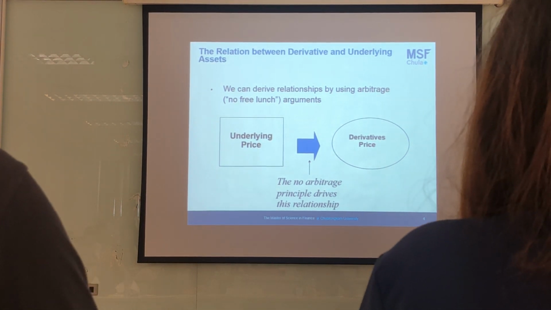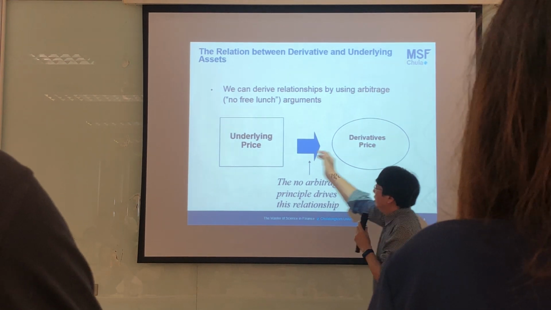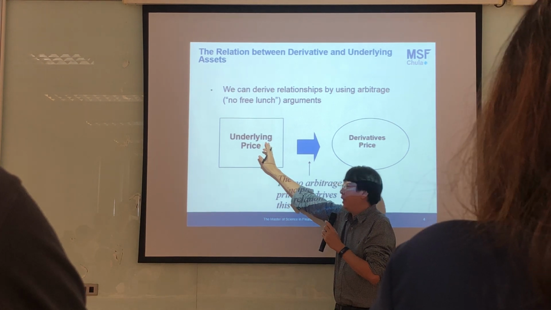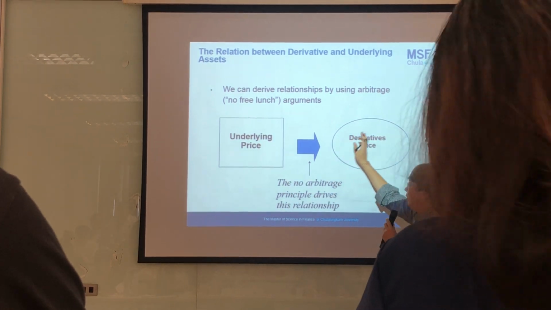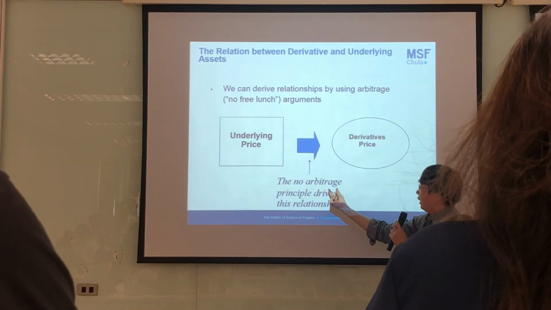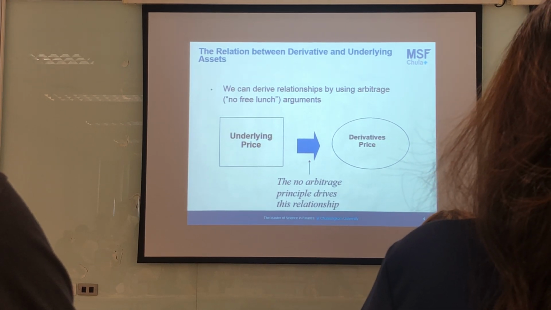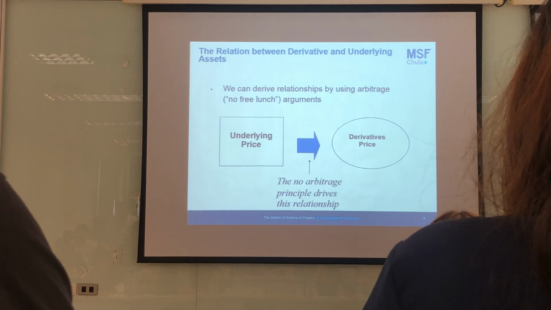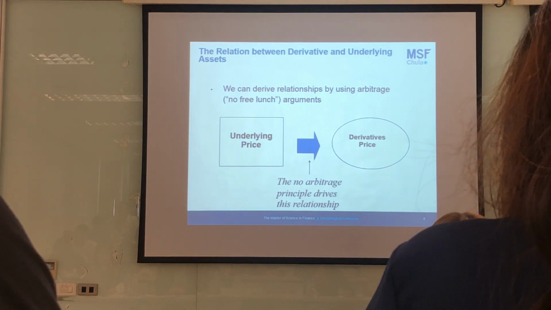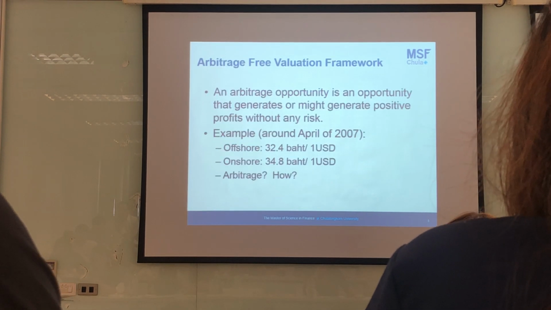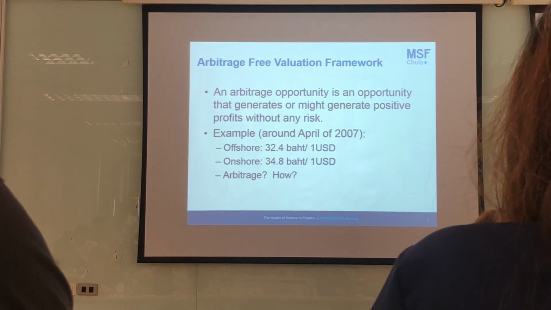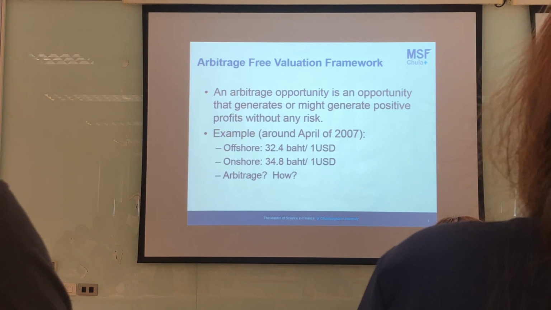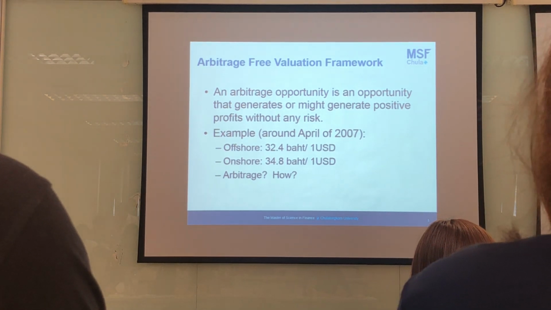In order to determine the derivative price, suppose that you know the underlying asset price. You can determine the value of the derivative by using the argument of the arbitrage free opportunity. What does arbitrage mean? Arbitrage means the opportunity that you can make a profit without risk when you observe some market.